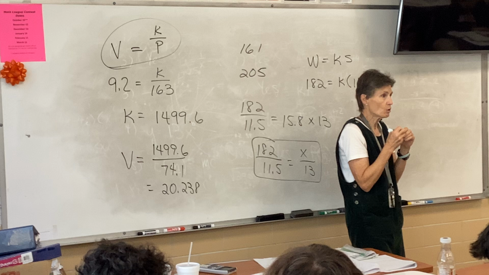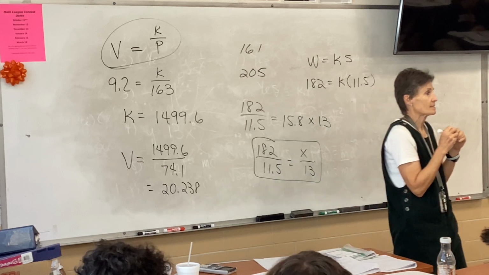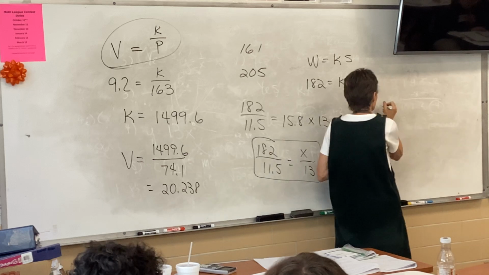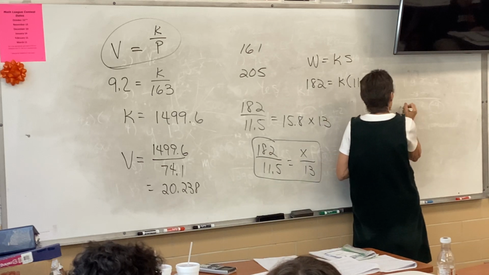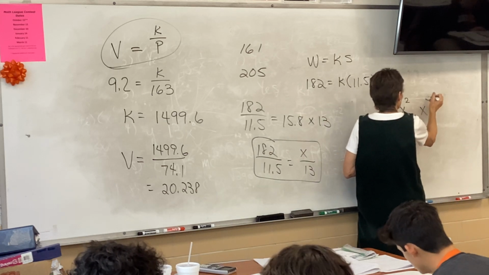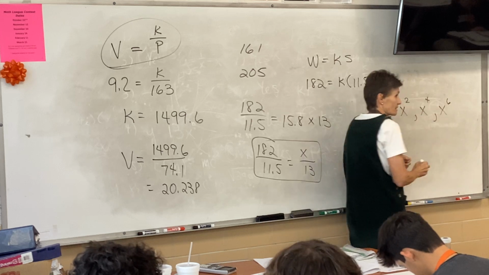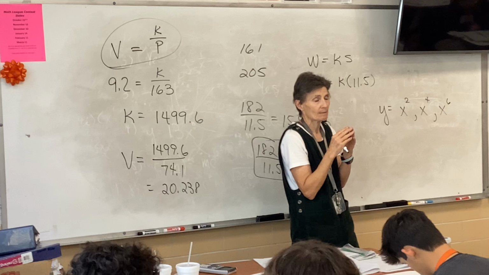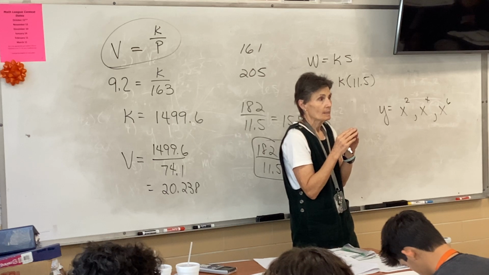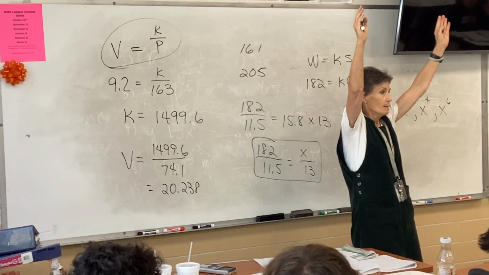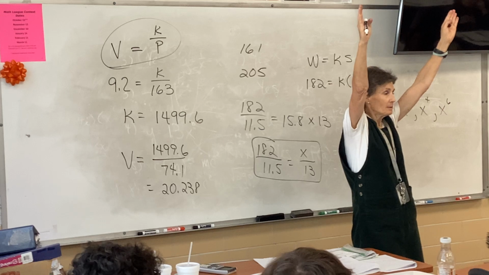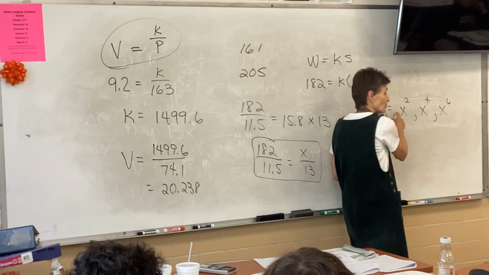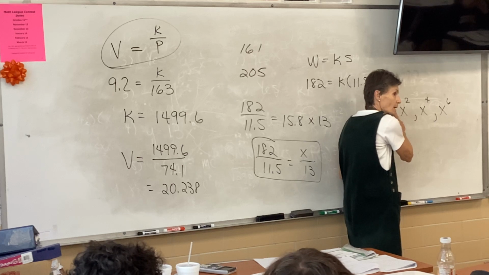If a polynomial has even degree, and what I mean by that is it's x squared, or x to the 4th, or x to the 6th, it will be up, or down, depending on whether you have a negative in front or not.